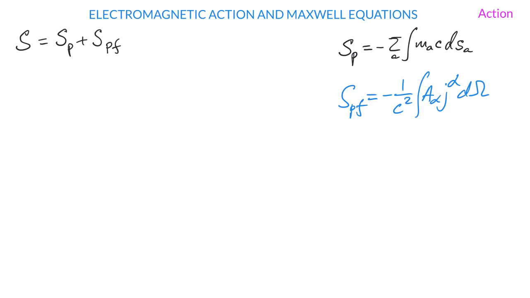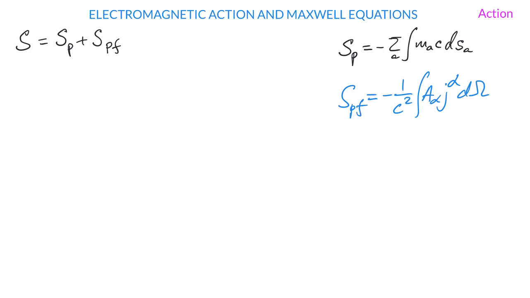Now what is missing in this expression? Well, what is missing is the action for the free electromagnetic field. We know that light can propagate without any particles, so there should be a term depending on the coordinates of the field, which are nothing other than the field potentials A sub alpha, that is free, that is not interacting with the particles. So overall there should be three terms in the action.